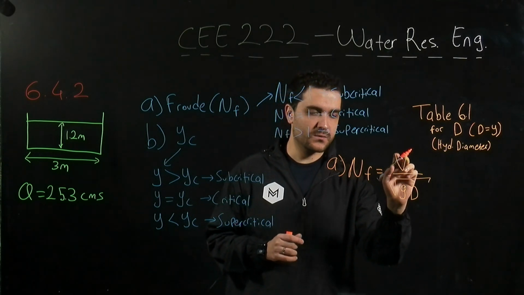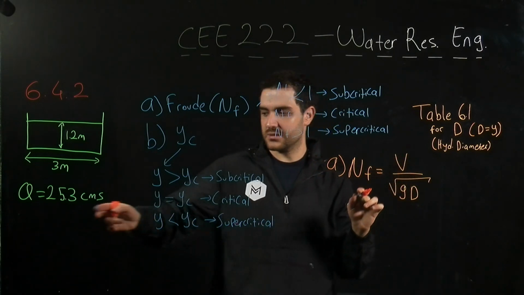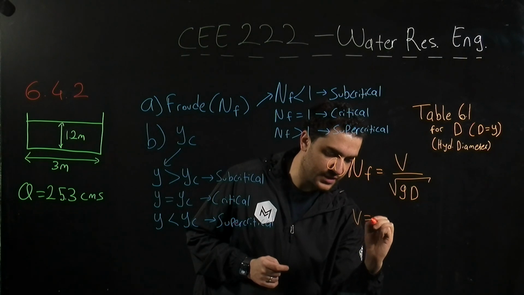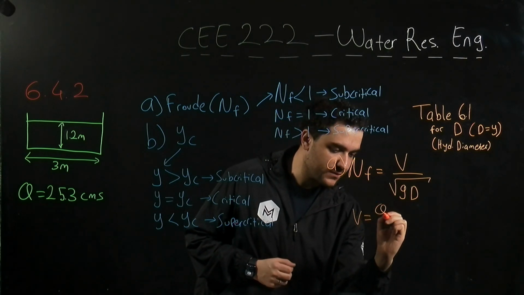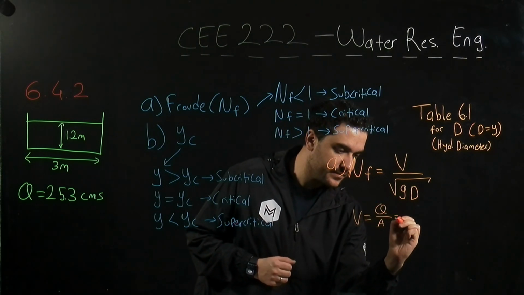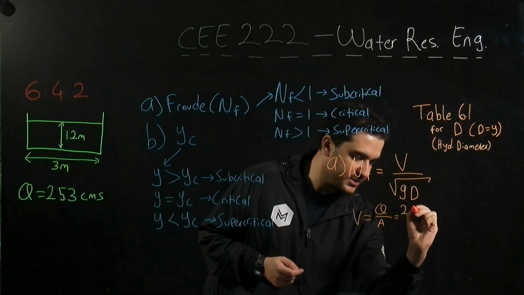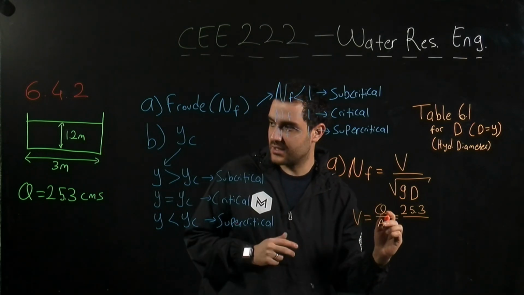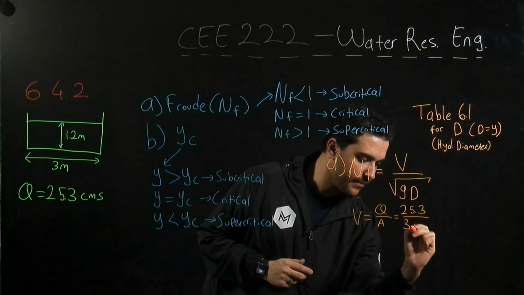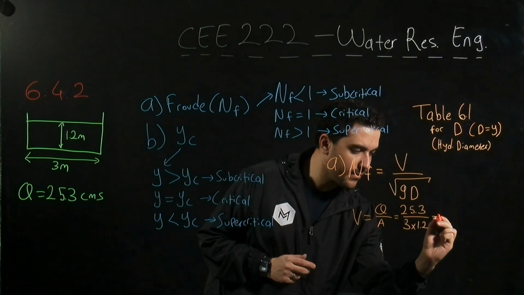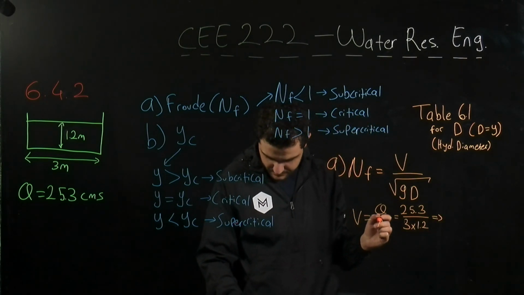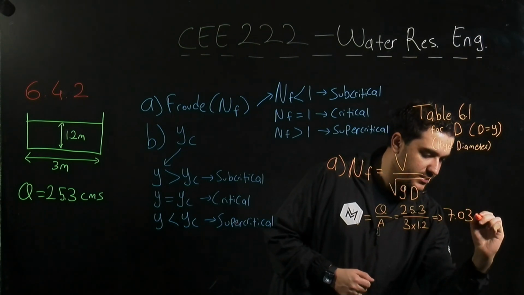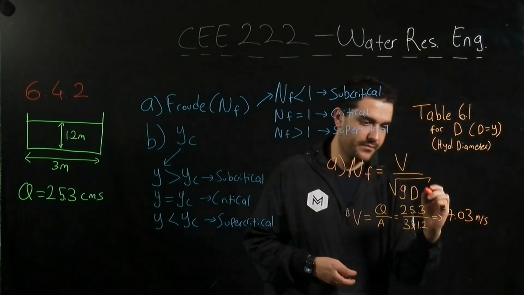And here we don't know the velocity currently, but we already know the flow rate, so we can calculate velocity from here. So we will have Q divided by area. We have 25.3 over the area of this channel. So this gives 7.03 meters per second.